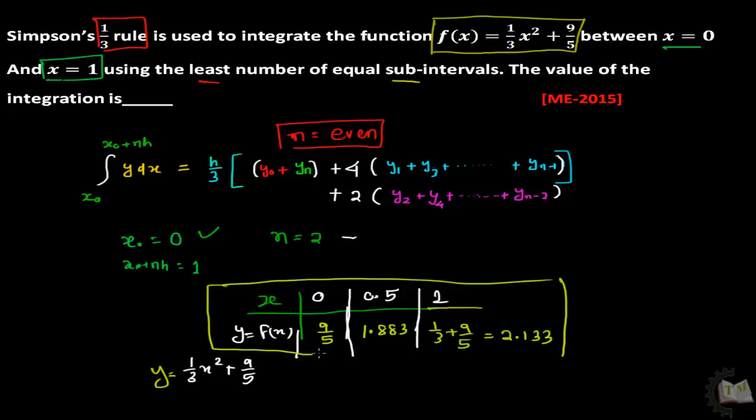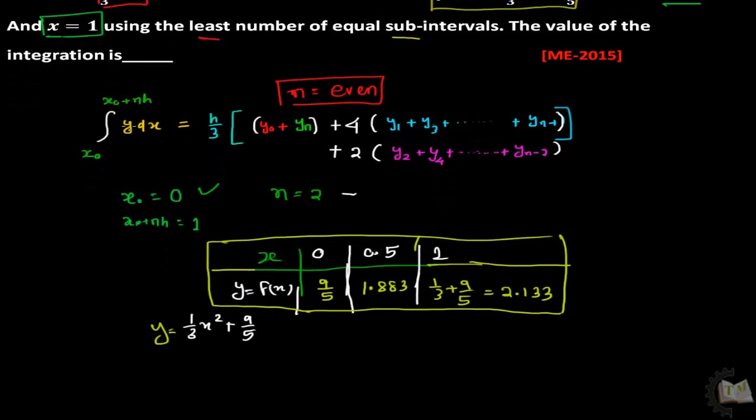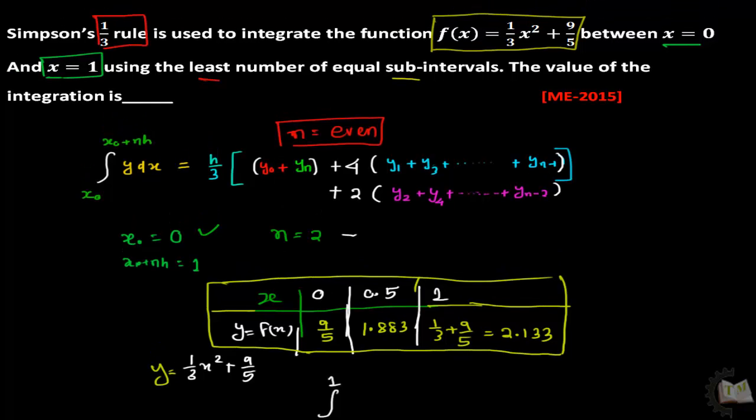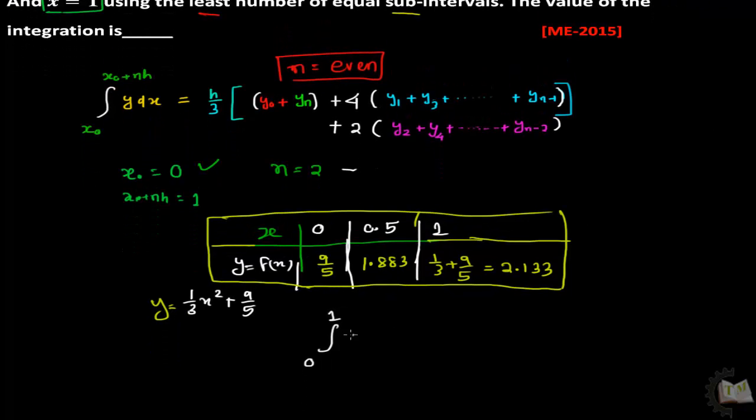Now I have created this table. By using this table, we will calculate the value of the numerical integration. Write down the integration first. This is the integration whose lower limit is 0 and upper limit is 1, and the function is y equal to f of x, which is 1/3 x square plus 9/5, whole into dx.